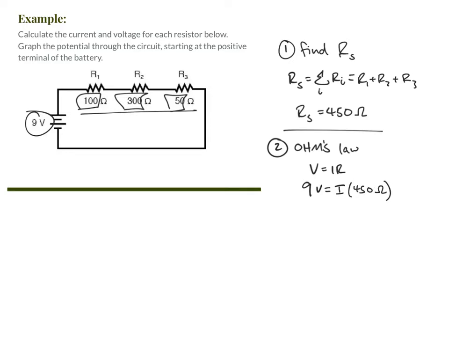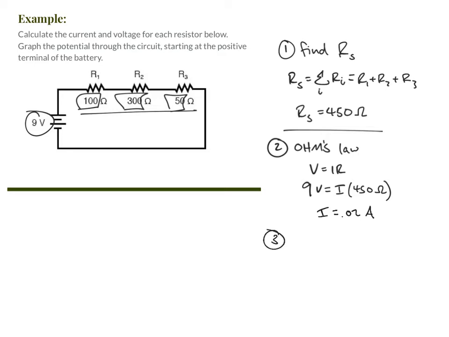You find the current is 9 over 450, which is 1 divided by 50, which is 0.02. I equals 0.02 amps. So that is the current flowing through the whole thing.